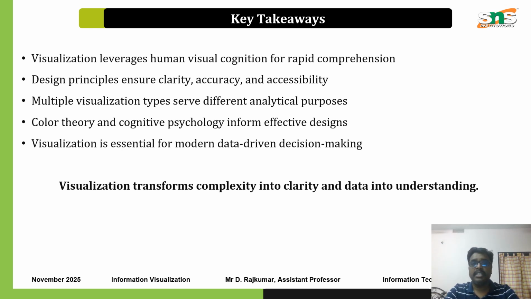Visualization is essential for modern data-driven decision making. In total, visualization transforms the complexity in data into clarity, which helps us to understand the data in a better way so that decision making will be more efficient.